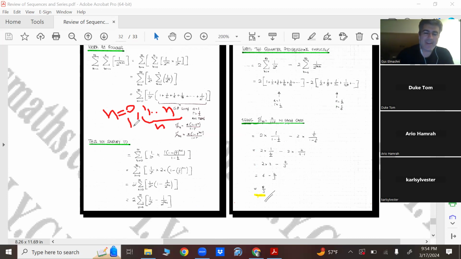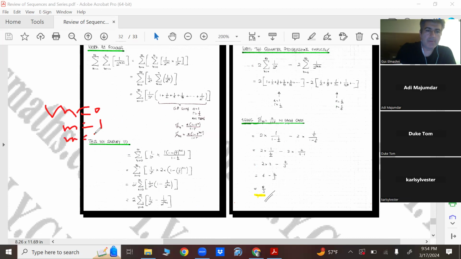Wait, I'm sorry. Can you explain that one more time? Why is there n plus 1? When we summed up the first sigma notation, I assumed there are n terms. It was actually n plus 1 terms. That's because you start with m equals 0, right? But then you go to m equals n. So what are the terms? Really m equals 0, m equals 1, m equals 2, until you get m equals n.